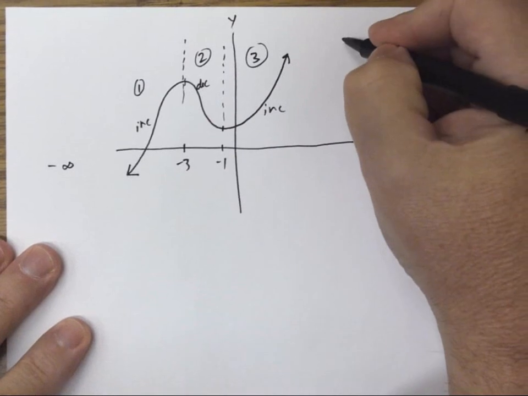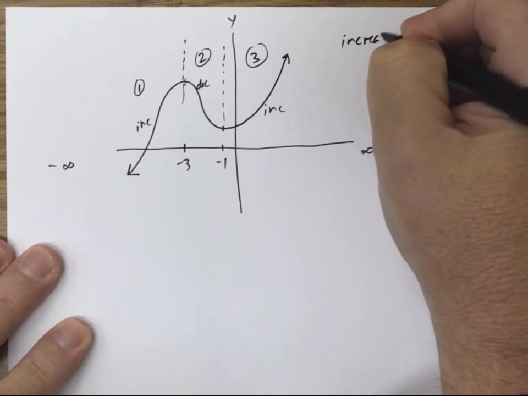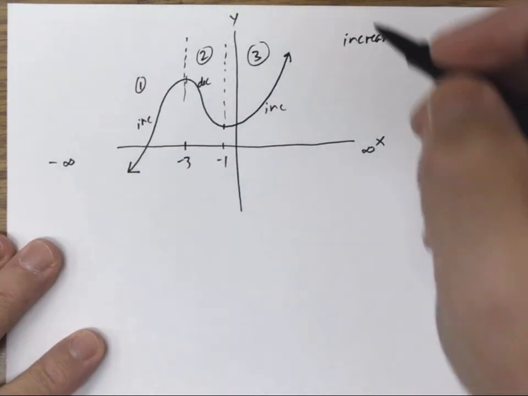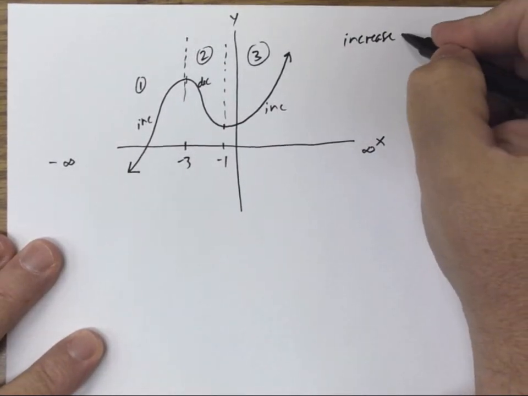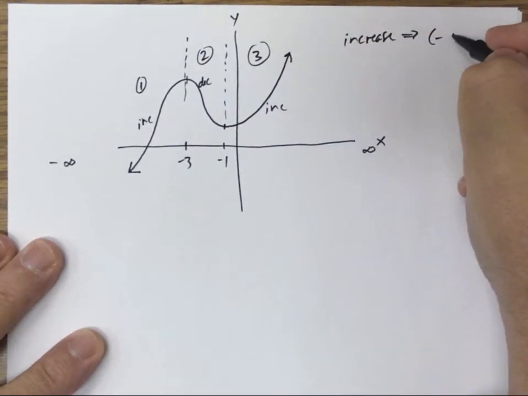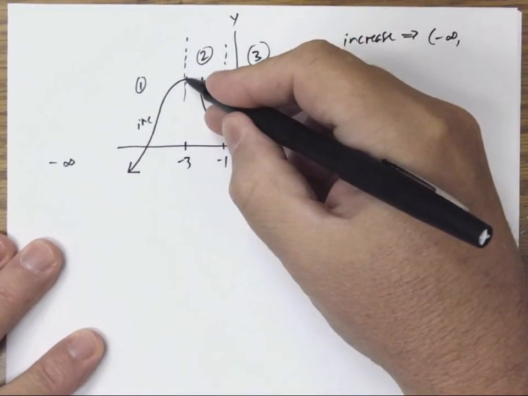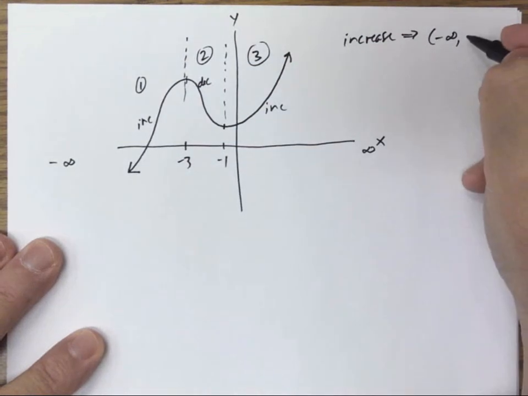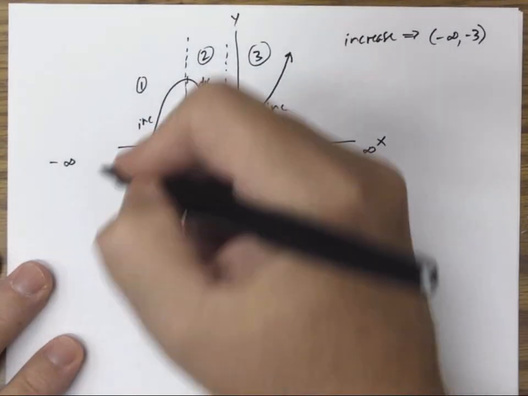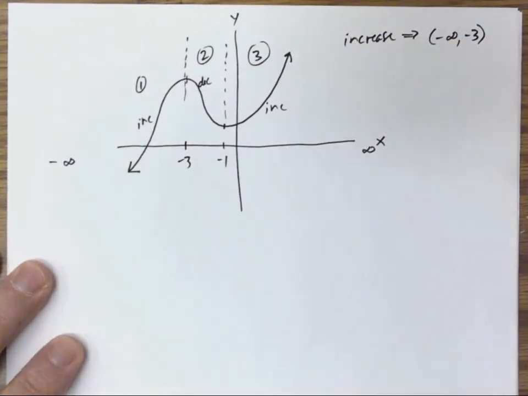So for this one, if I just wanted to say where it is increasing, I could give an interval. It starts at negative infinity, and it increases until I get to where x is -3. So that's this whole region increasing.